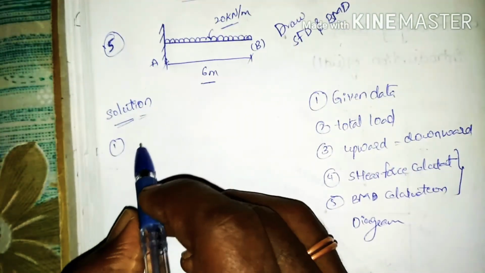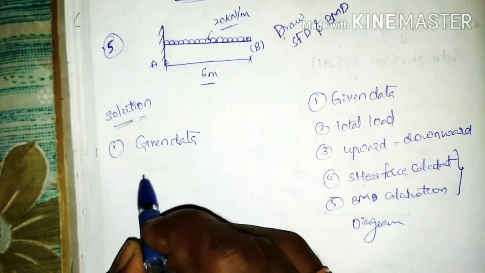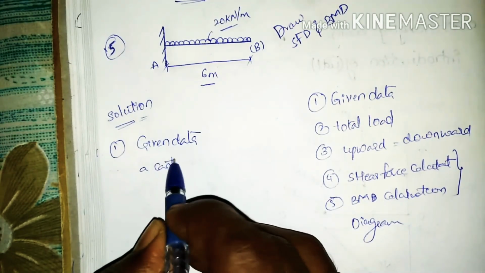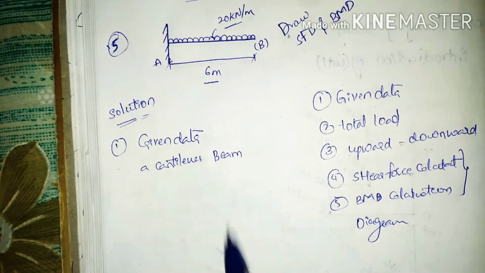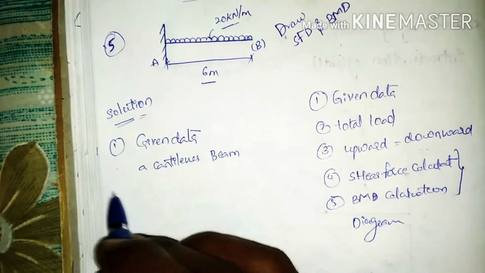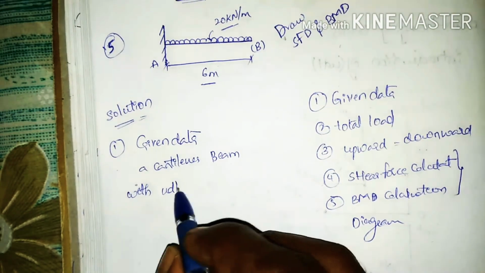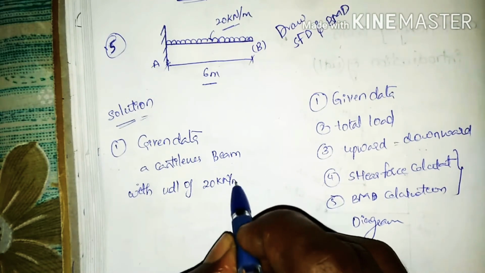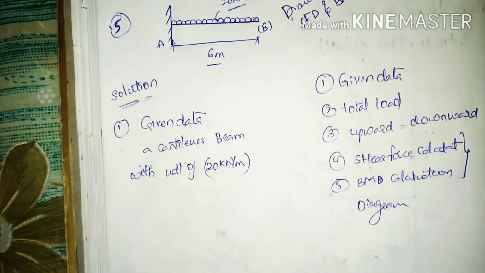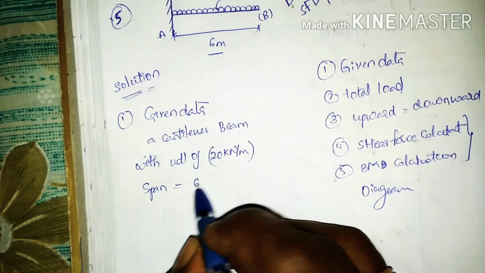The given data is a cantilever beam with a UDL of 20 kilonewton per meter, and the span of the beam is 6 meters.